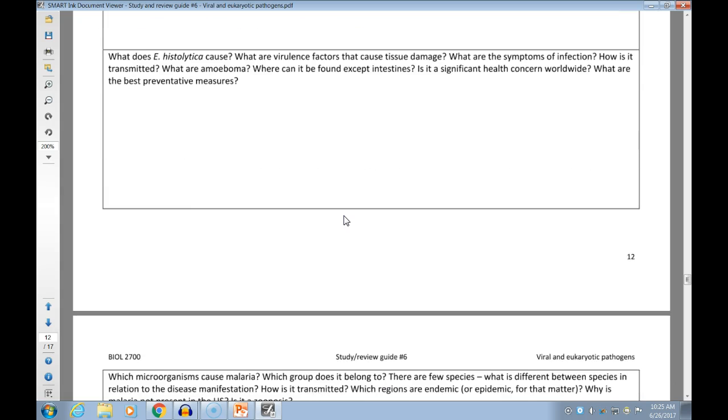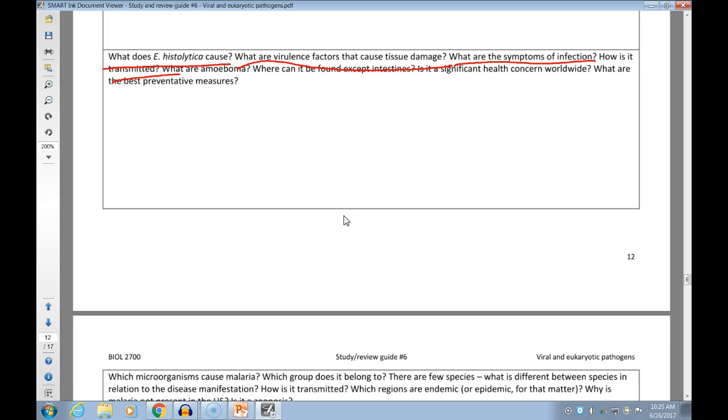Entamoeba histolytica, amoebiasis, virulence factors: exoenzymes. That's all you have to know. Am I clear? Symptoms: diarrhea, dysentery, colitis. They lead to intestinal perforation.